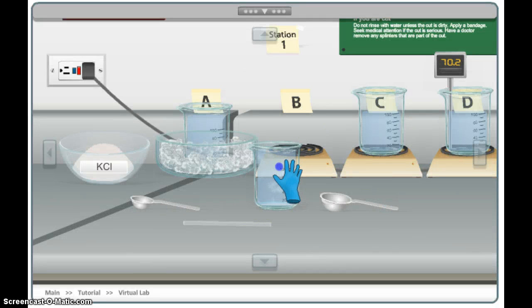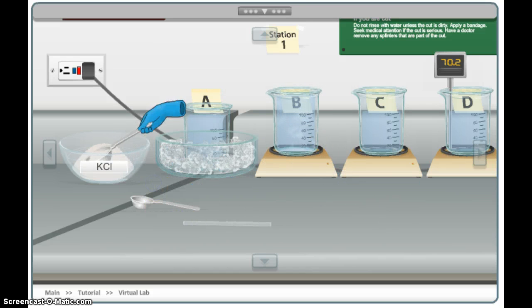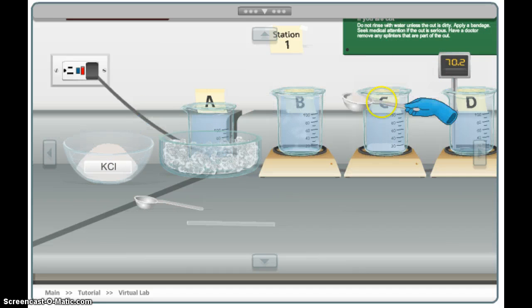Because it's getting warmer, there's more collisions, so it's going to dissolve faster. So that tells me we can go a little bit faster on this one. That tells me I can start out with 8 scoops because I know it's going to dissolve because it's even warmer. So 1, 2, 3, 4, 5, 6, 7, 8.